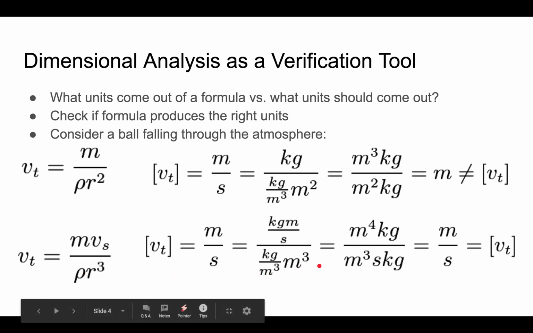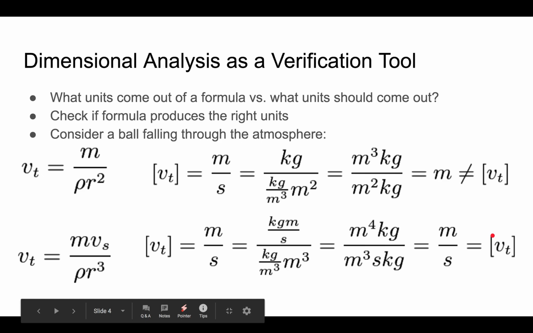And so, again, gathering our exponents on the correct sides of the fraction, we get meters to the fourth power times kilograms over meters to the third power times seconds times kilograms, which gives us meters per second, which is the correct unit.